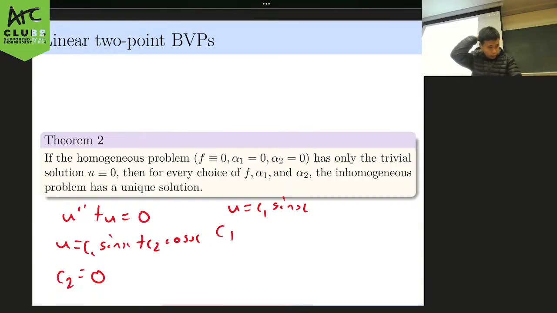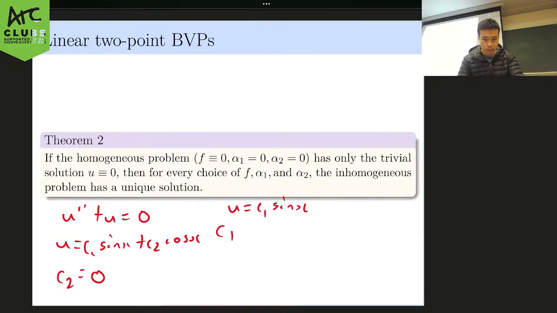But in general, you might be thinking if this then that, the converse won't work. Essentially, if this thing doesn't have the trivial solution, then the inhomogeneous doesn't have a unique solution. You might be thinking that's not true, but it does happen in this case. Both ways also work, which we'll discuss later.